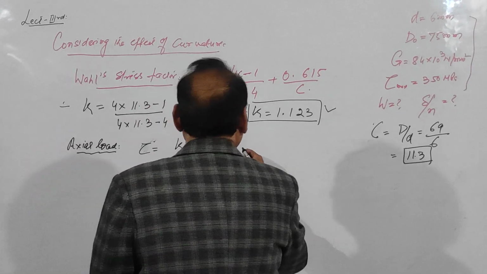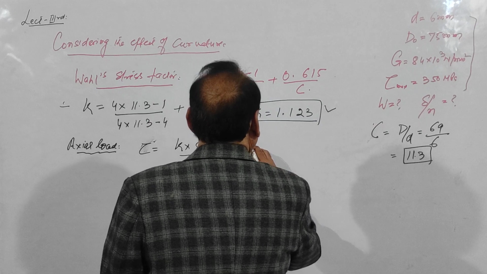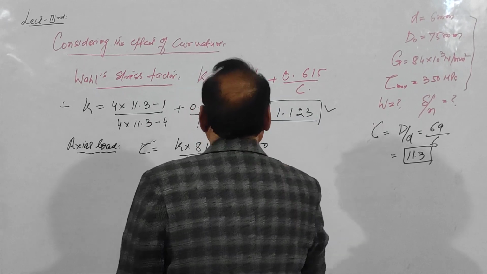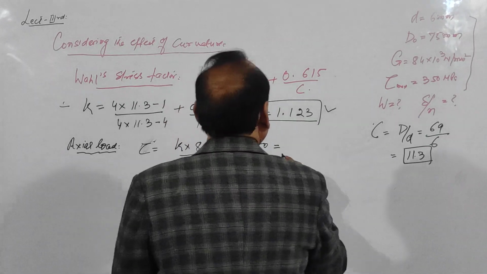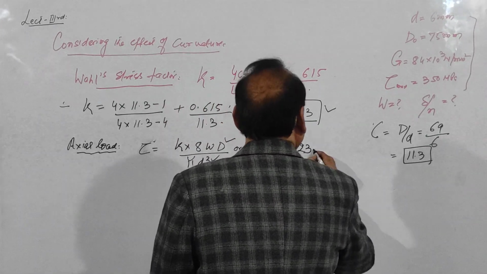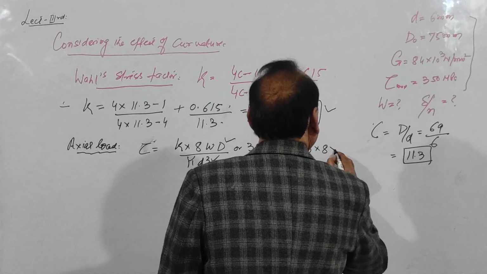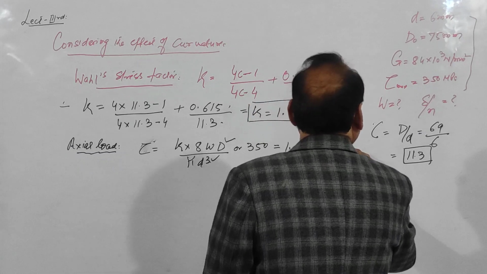So substitute the values here. Tau is 350, equal to K you have calculated, 1.123, into 8 into W, which you have to calculate.